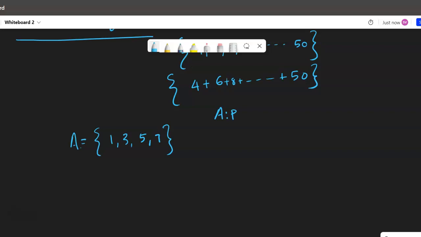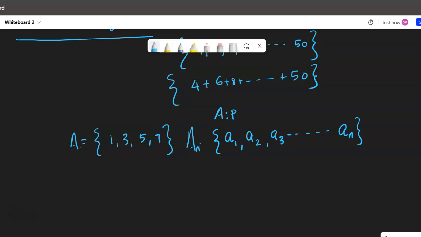Suppose the first term of the sequence is A1, the second term is A2, the third term is A3, and so on. The last term is An. It's a sequence with n terms.